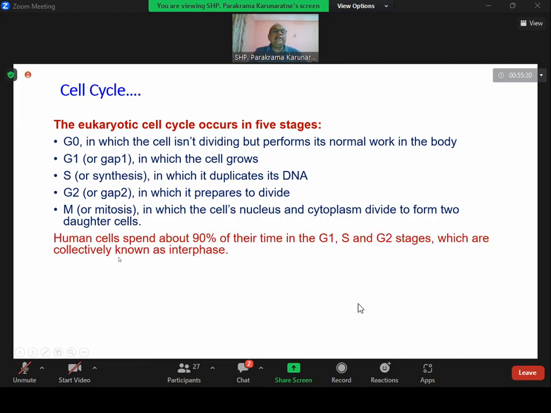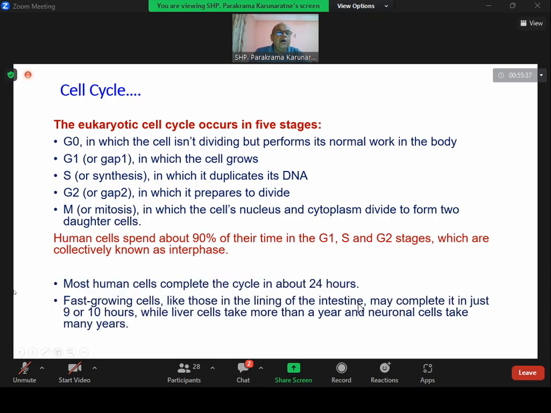In human cells, they spend about 90% of their time in the G1, S and G2 stages, which are collectively known as interphase. So 90% of the time is interphase, and 10% they spend on dividing. Most human cells complete the cycle in about 24 hours. At the end of the day, you get all new cells in your body.